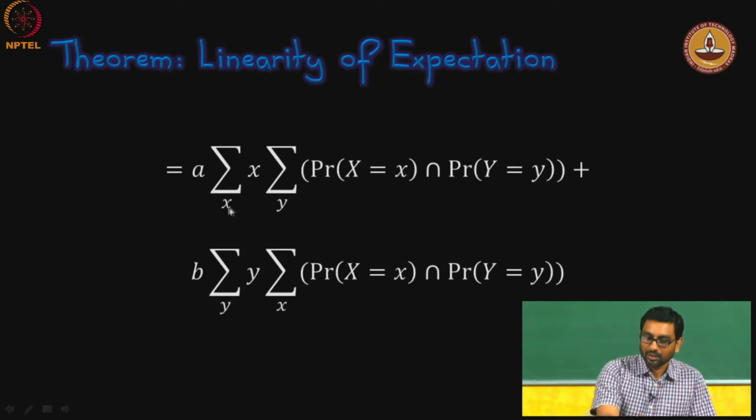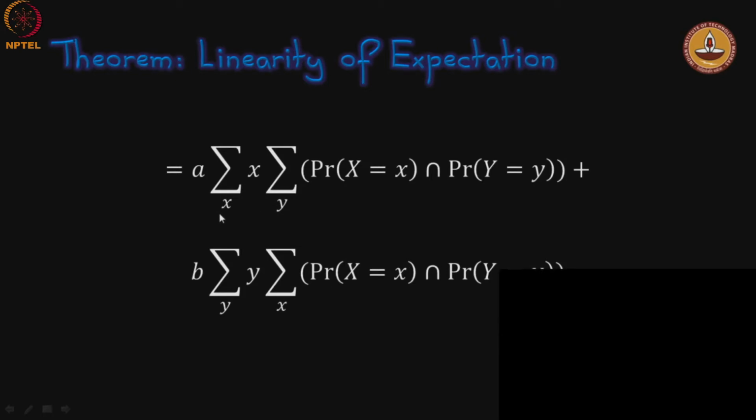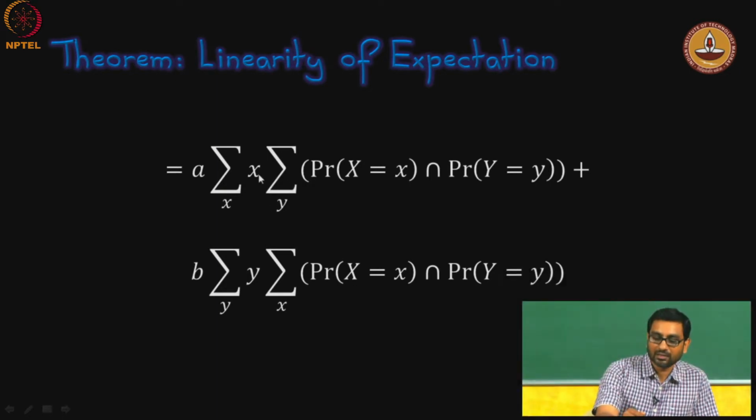In the first term we put the x coming first, and the advantage is that this x is inside over here, but it can come out of the sum over y, because summing over y, the x is going to stay common. And a is going to be common throughout. It is not going to be affected by the values that X takes or the values that Y takes. So, a comes out all the way outside the summation, x comes out, but it cannot come out of the summation over x, it can come out of the summation over y. And then you have the probability inside, because this probability is dependent on y as well. So, you cannot bring it out of this summation.